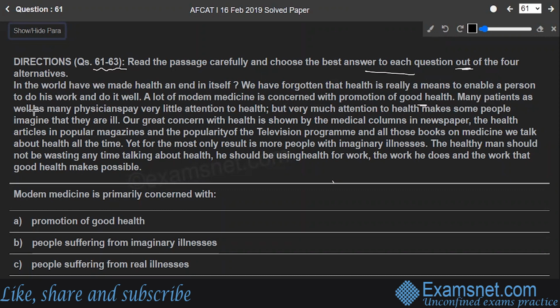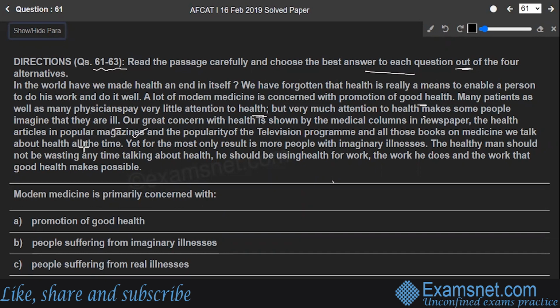Many patients as well as many physicians pay very little attention to health, but very much attention to health makes some people imagine that they are ill. Our great concern with health is shown by the medical columns in newspaper, the health articles in popular magazines, and popularity of the TV program and all the books on medicines.